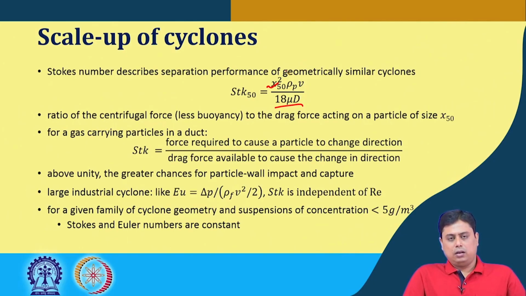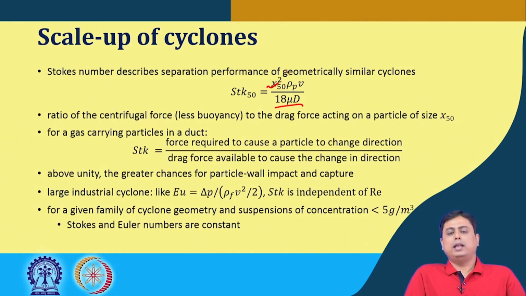As general information, when a gas carries some particles and flows in a duct, this Stokes number is basically the ratio of the force that is required to cause a particle to change its direction divided by the drag force available to cause that change in direction. So it is the force required to make the particle change direction when it is suspended in the gas phase and in motion in a duct, versus the drag force actually available in that particle laden flow.